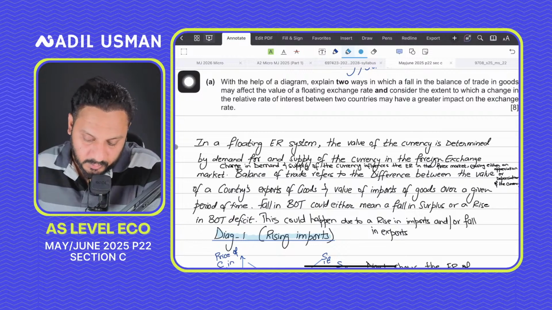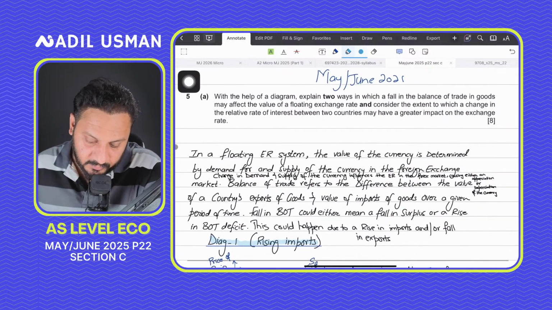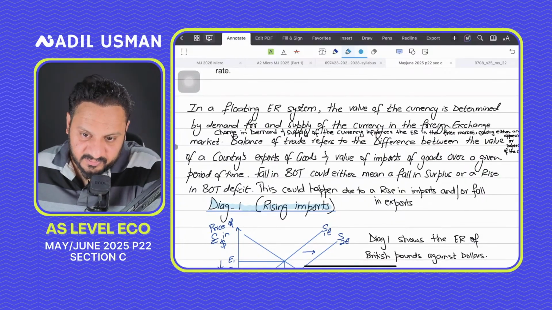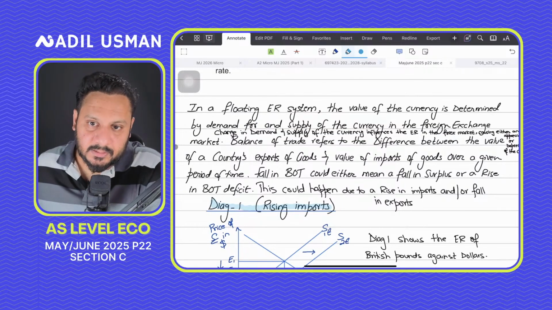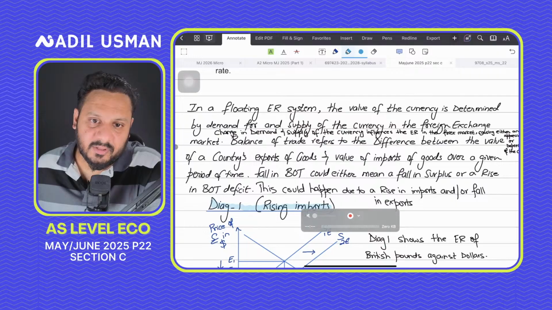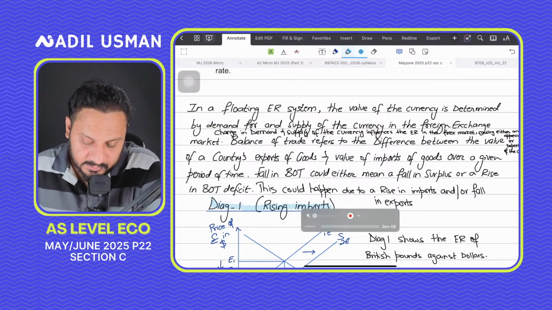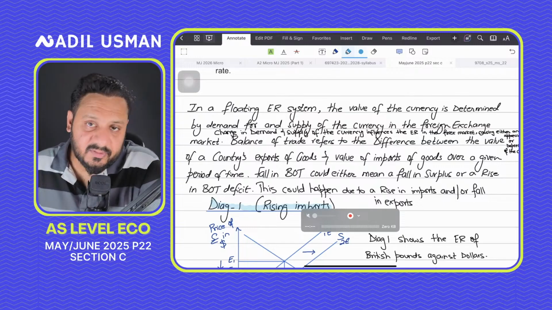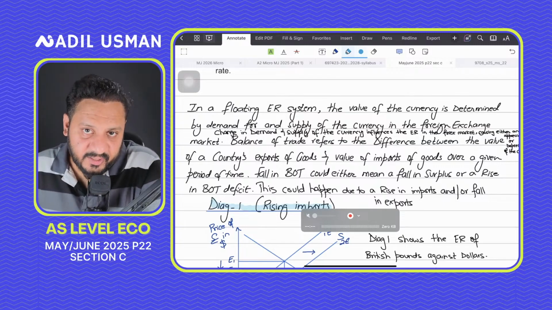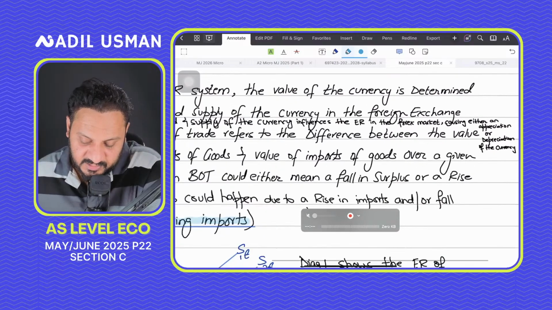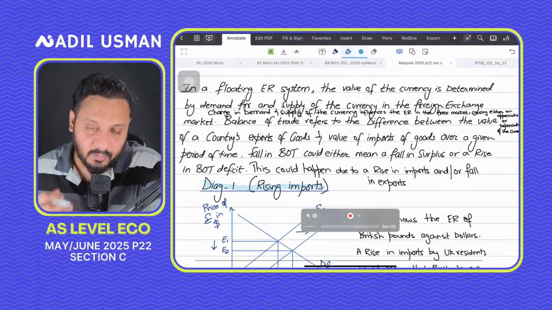In a floating exchange rate system, we know that the value of the exchange rate is basically determined by the demand for and supply of the currency in the foreign exchange market. That is, a change in the demand and supply of the currency always influences the exchange rate in the forex market, right? So it could either cause an appreciation or a depreciation of the currency. That's the first line that you will write, and then you will also define balance of trade.